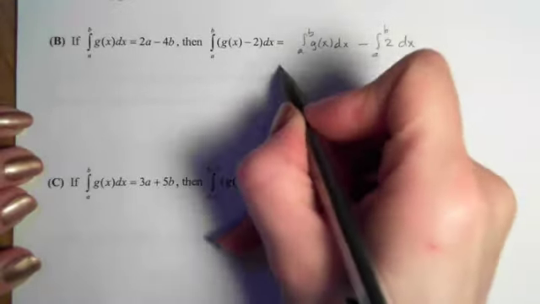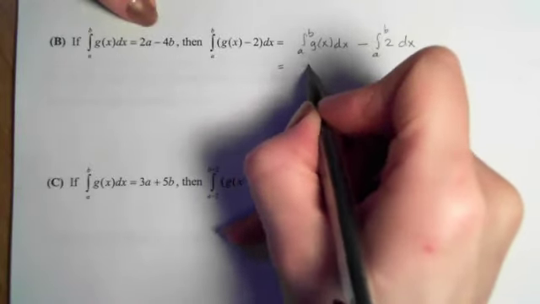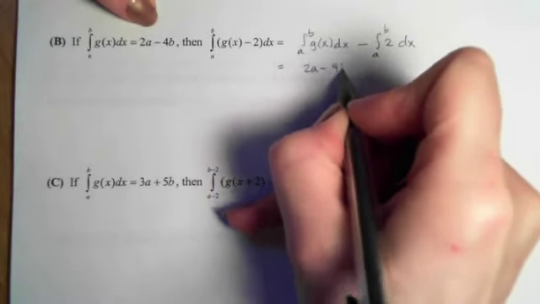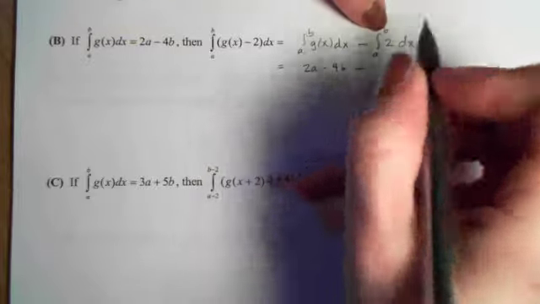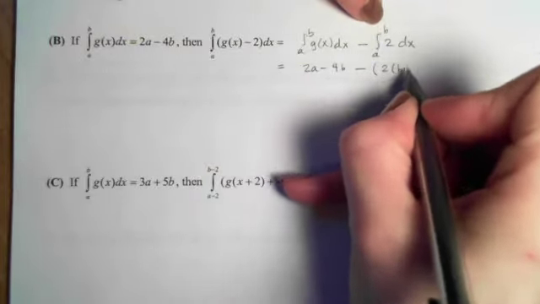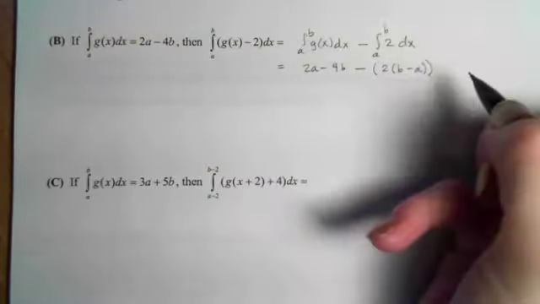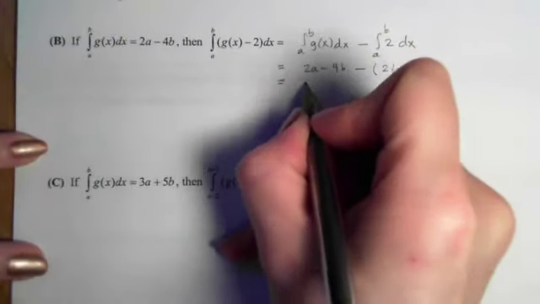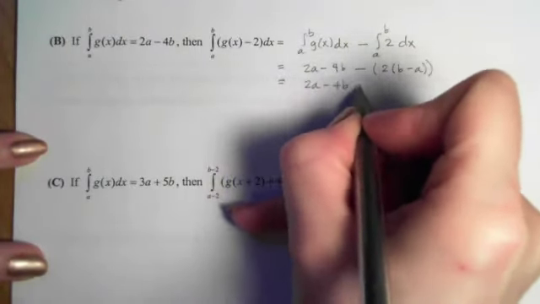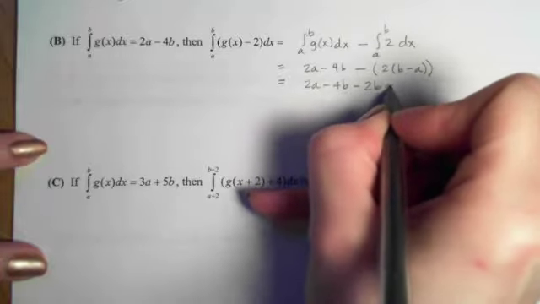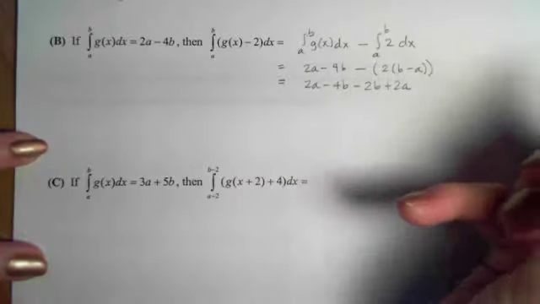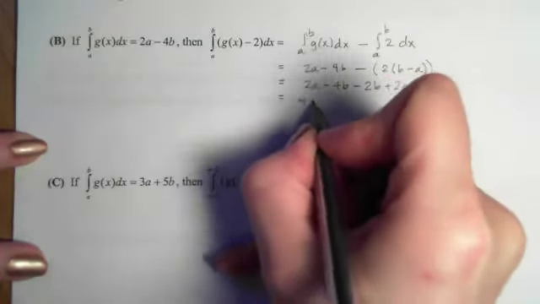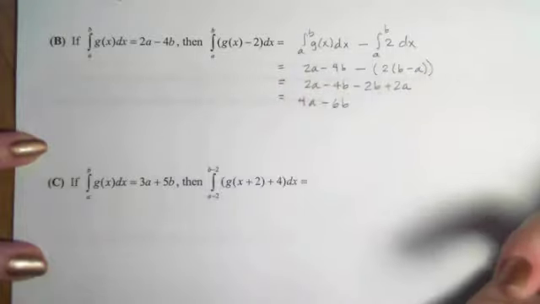Then I know that this one is the 2a minus 4b, and then I'm going to subtract the 2 times the b minus a using my integrals of constants. If I finish that up, I get 2a minus 4b minus 2b plus 2a. So I end up with 4a minus 6b.